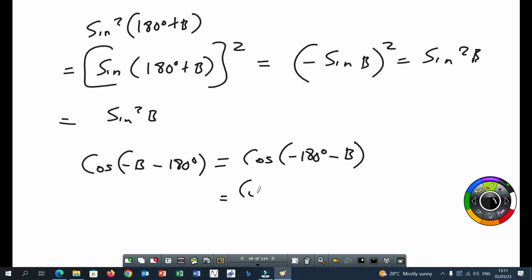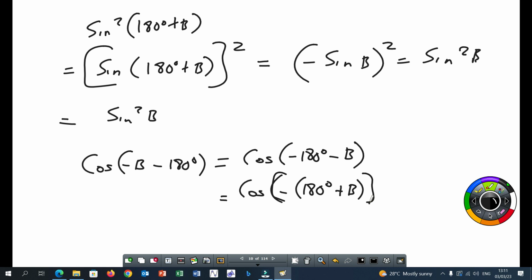I can factor out minus 1, you get cosine of minus 180 degrees plus b. The angle is now in the what? I hope you are aware that 180 plus b, without the negative, is in the third quadrant.